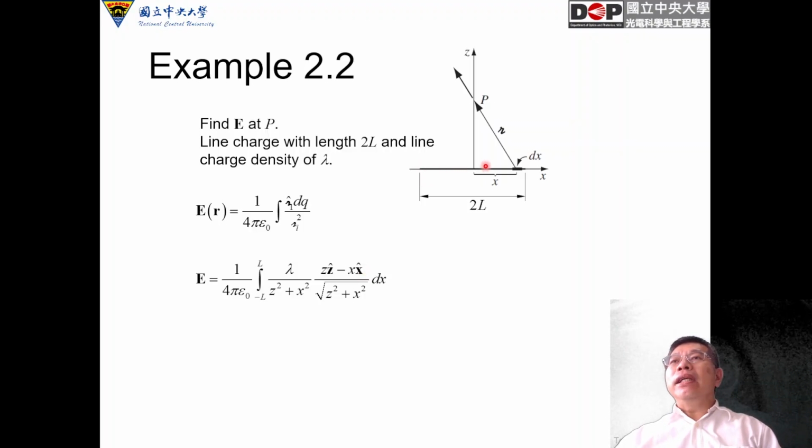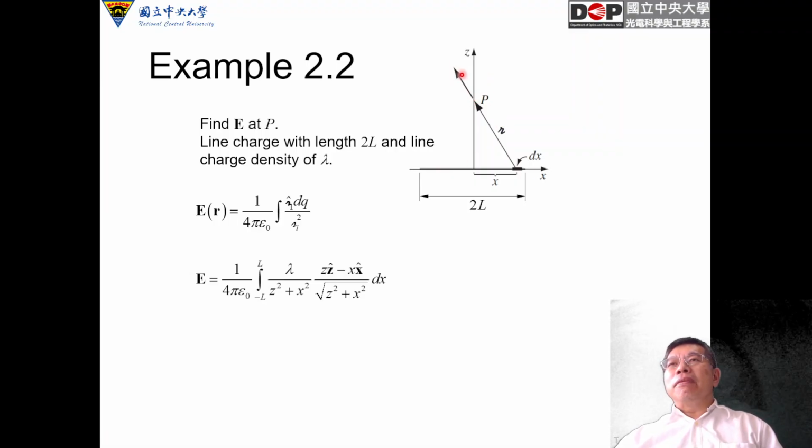And example 2.2. If we have a continuous charge distribution, similar to the previous example, we just write things down, but this time with a continuous distribution. If the line charge density is lambda, we write every piece down. There will be a dl, in this case dx, contributing in a certain direction.